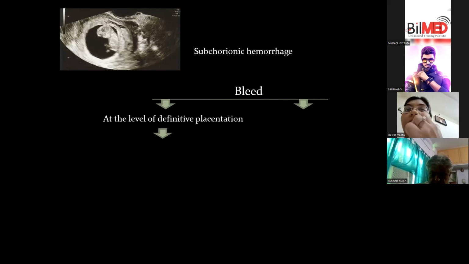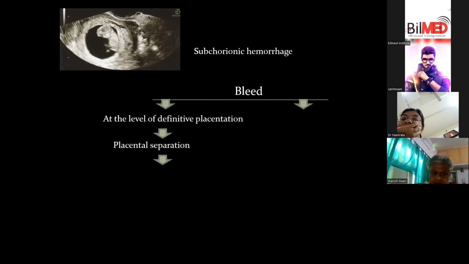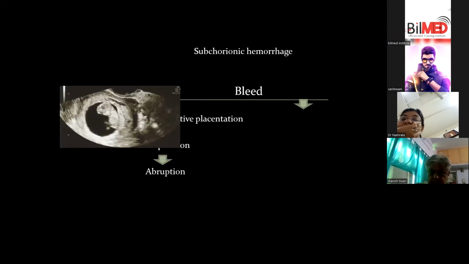I will come to that. What I'm using word is the site of placentation, not placenta itself. Now, the point here is that if the detachment is at the level of the placentation, is that more dangerous, or if it is away from the placentation site? Of course, if it is at the level of the placentation, placental separation will occur and we will have an abruptio.